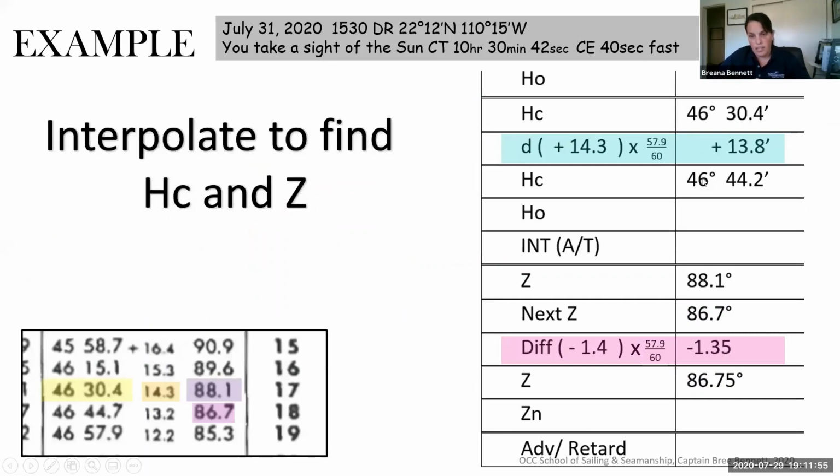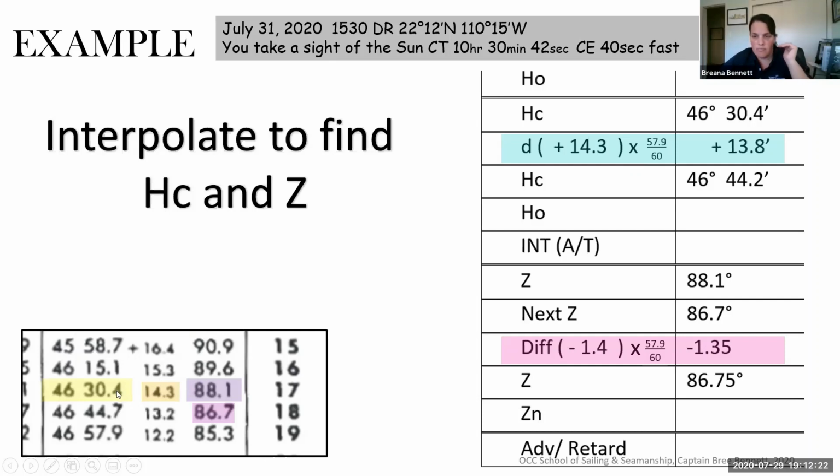So this is our math here. Why didn't I put it on here? Did I do it? No, okay. The declination was 17 degrees, 57.9. So I am 57.9 60ths working my way down this table.